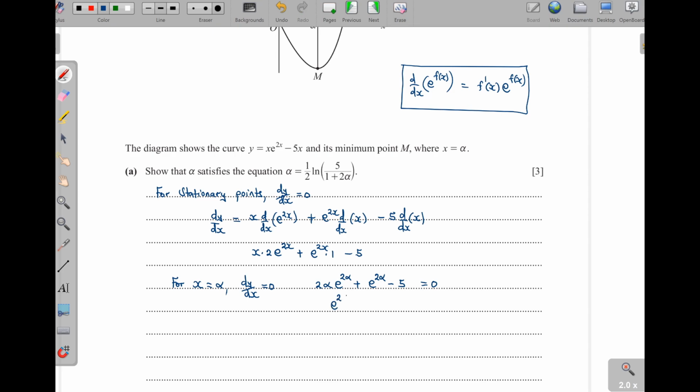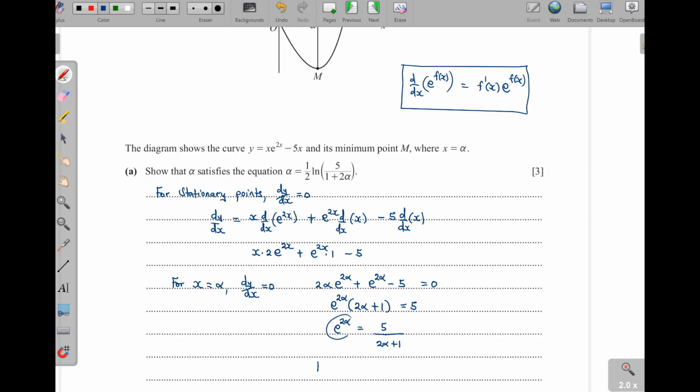I put e to the power of 2 alpha, then here we have 2 alpha, then plus a 1 here. Okay, then of course I will take the 5 this side and then it becomes a positive. Then take this one this side, we shall have e to the power of 2 alpha shall be equal to 5 out of 2 alpha plus 1.